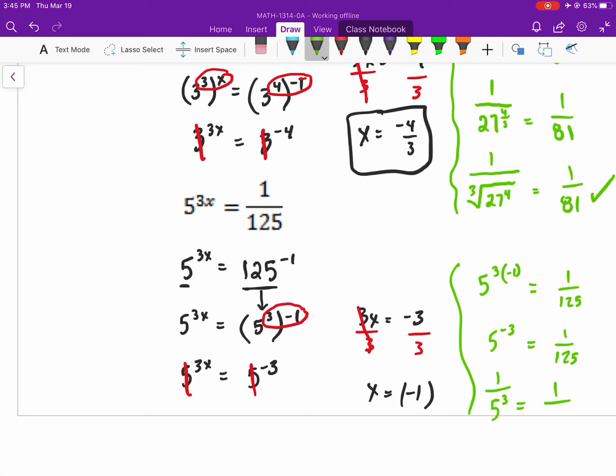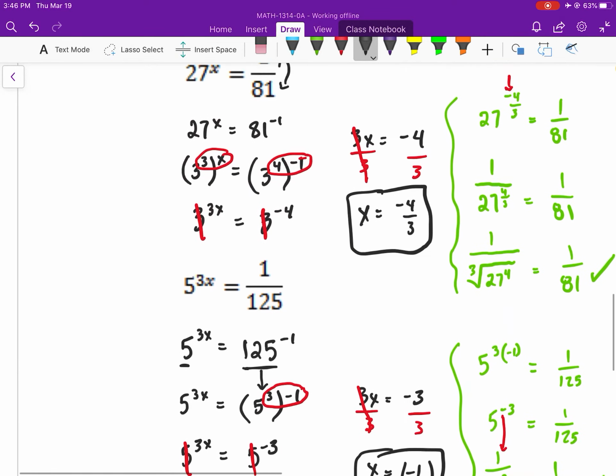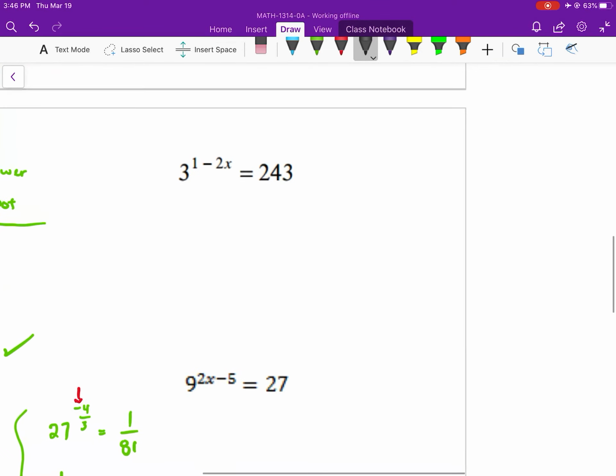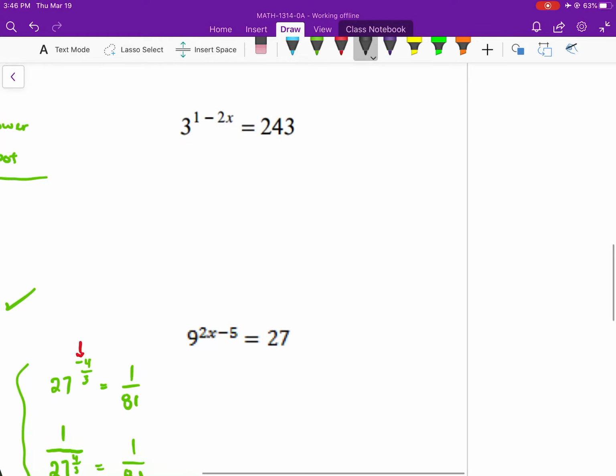So 1 over 5 cubed equals 1 over 125. Again, I was just getting rid of that negative sign. And we already know 5 cubed is 125, so that means that this checks, and my answer has to be negative 1. Alright, let's keep going. We have 3 more here.